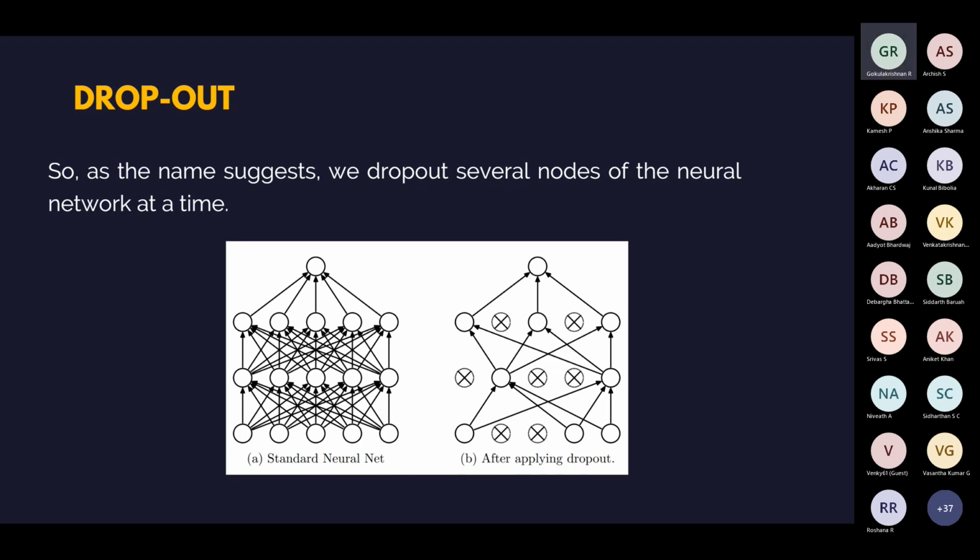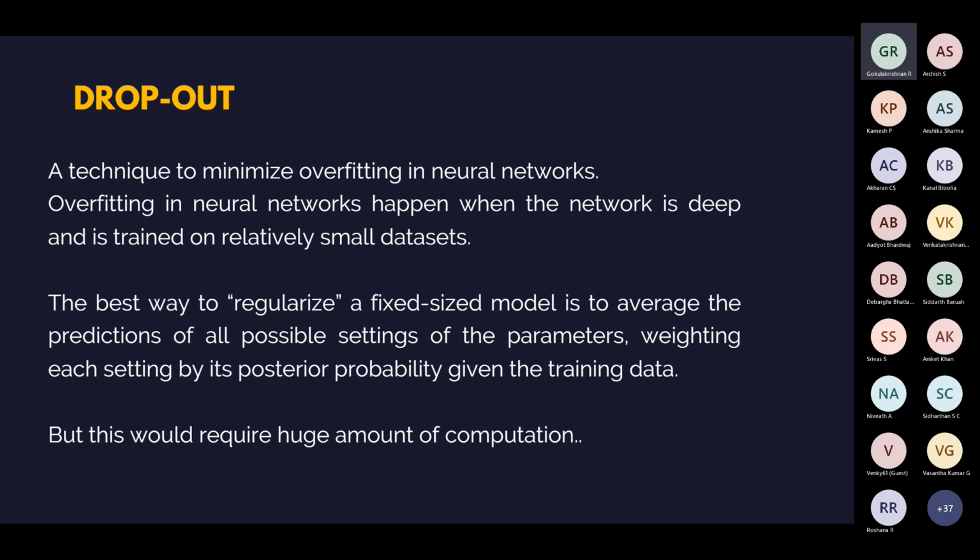Usually, if we have a huge amount of computation, and we don't care about how much computation we do, the best machine learning approach would be to train a lot of models and then average the results. This kind of learning is called ensemble learning.